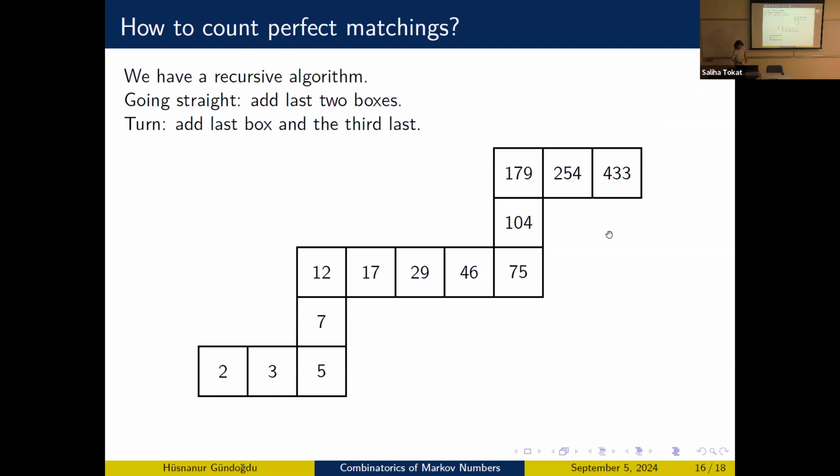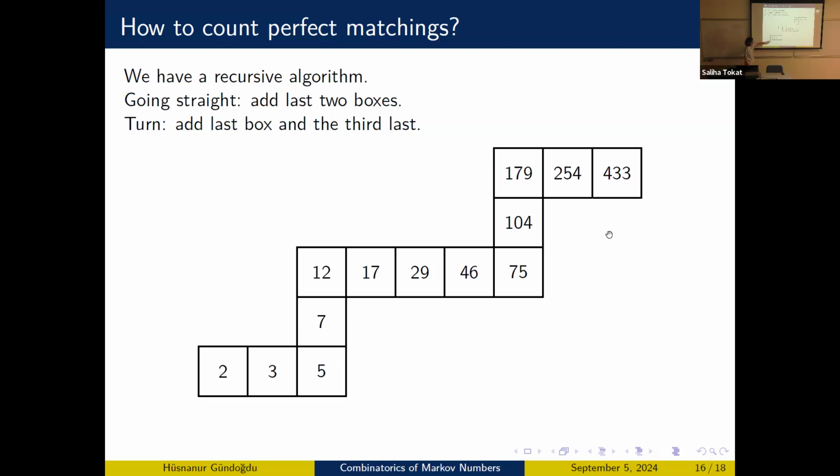Let's try to count the perfect matchings of this domino graph. We have a special recursive algorithm for this. For the first square, we have 2 different perfect matchings.